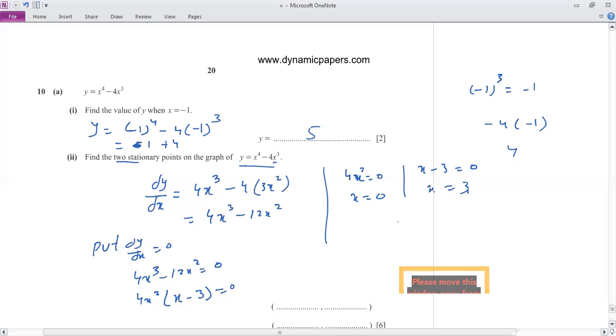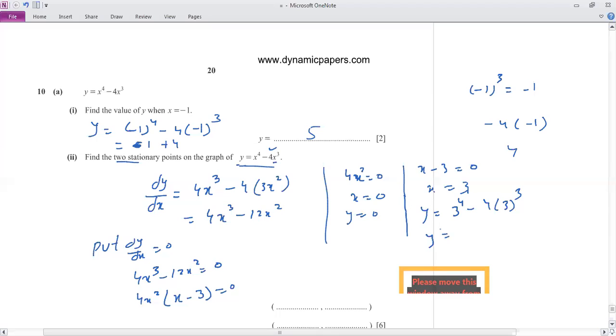So there are two values of x that we got. What we need to do is put these two values of x one by one in the given equation to get the values of y. If I put x is equal to 0 in this equation, y will also be 0 because 0 minus 0 will be 0. By putting x is equal to 3 here, what will y be? 3 power 4 minus 4 into 3 power 3.